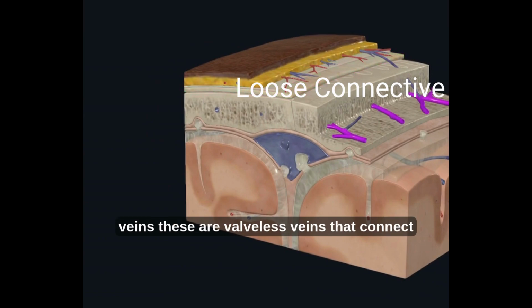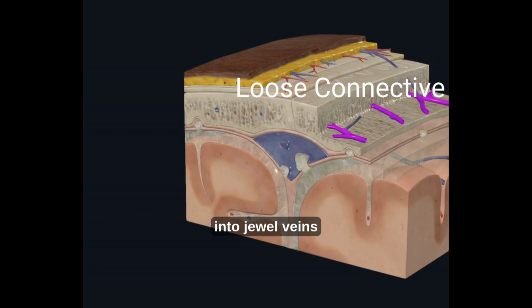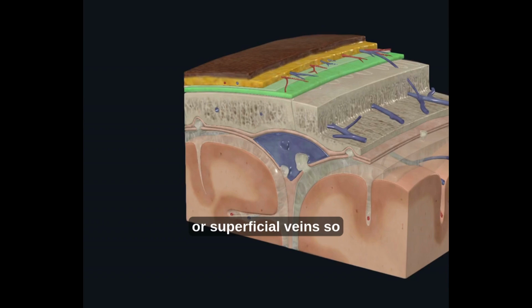These are valveless veins that connect intradural veins with extradural or superficial veins. So infection of the loose connective tissue will spread to your intradural venous sinuses, for example, your superior sagittal sinus.